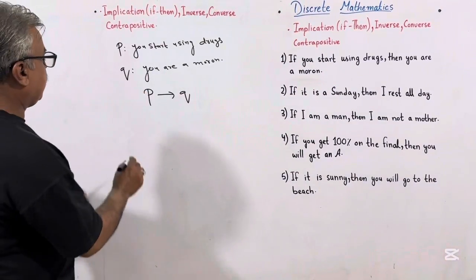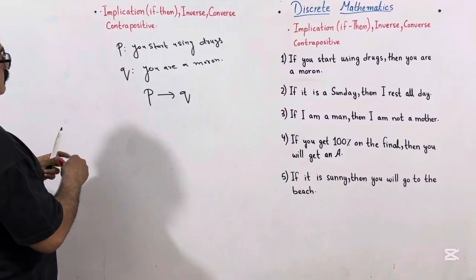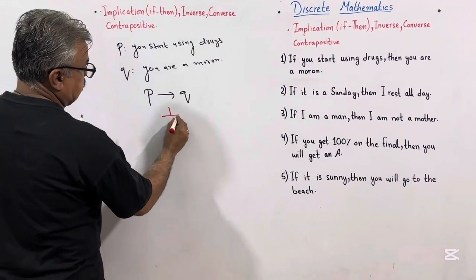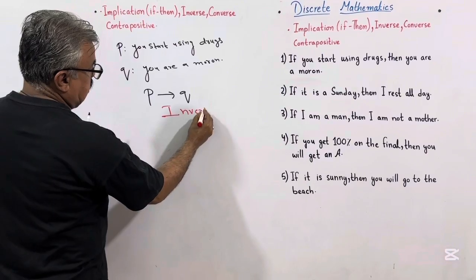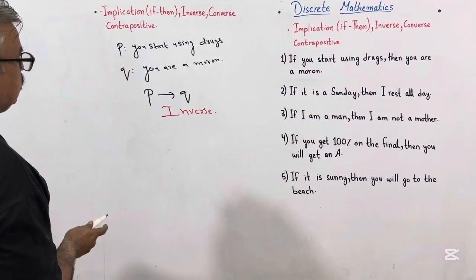Then, what do you mean by inverse? How to write the inverse of this one? For the inverse, we have to introduce a negative of both of these.